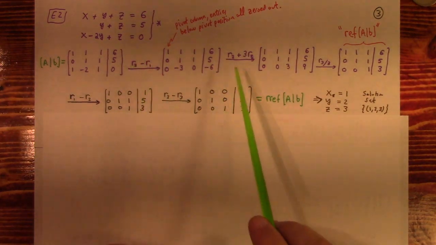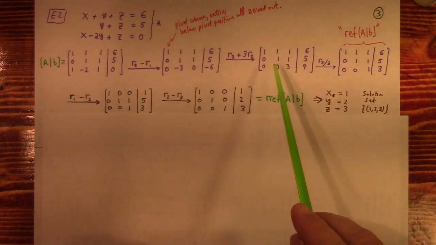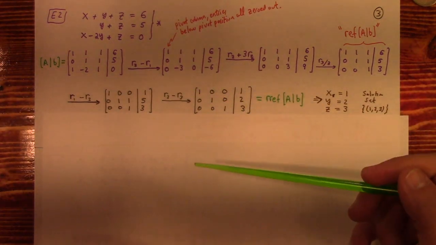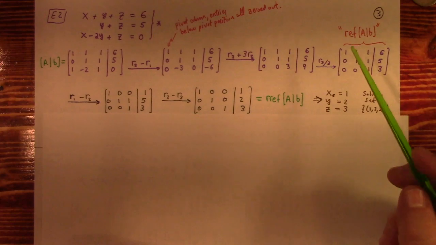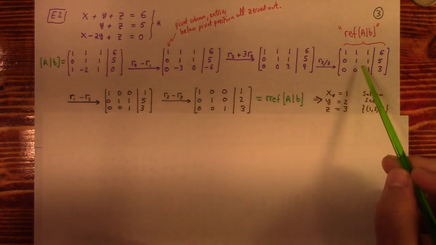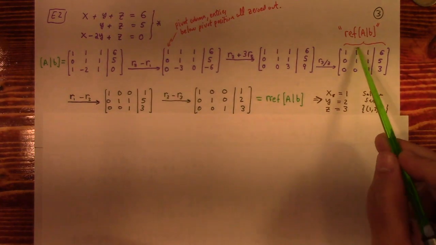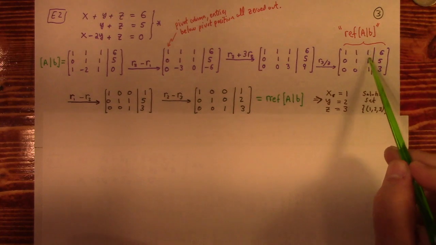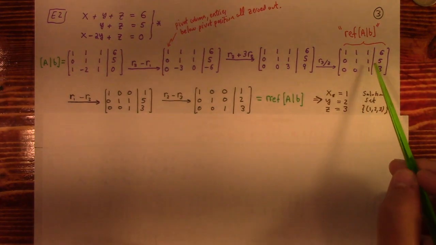Then as you go across to the next pivot and the next, you clear out non-zero entries below your pivot position. At the end of that, you're not going to have E1, E2 and E3 in this case, because these would be like 1, 1, 0 and 1, 1, 1. But this is the forward pass.